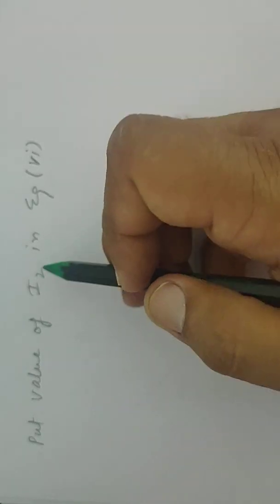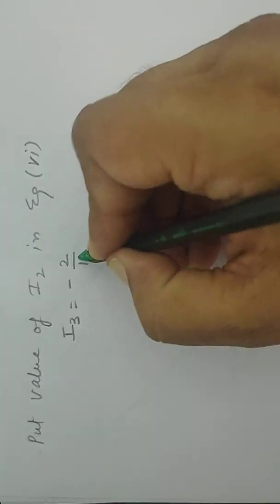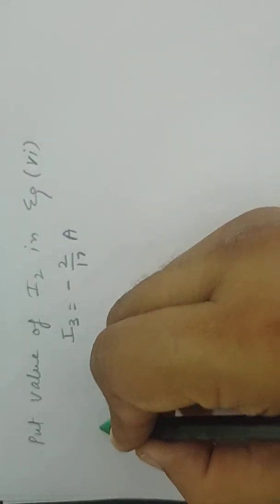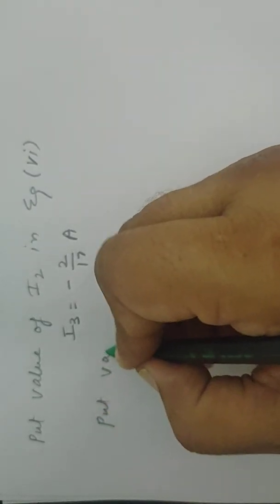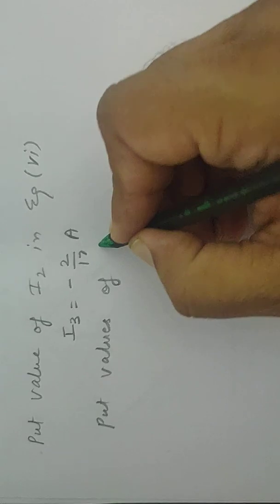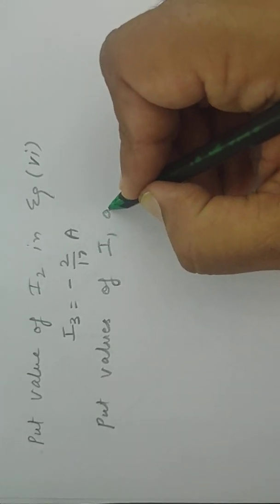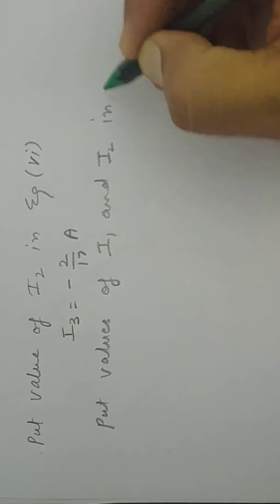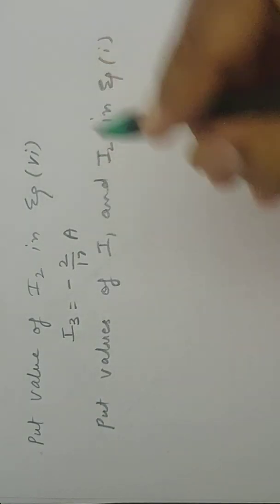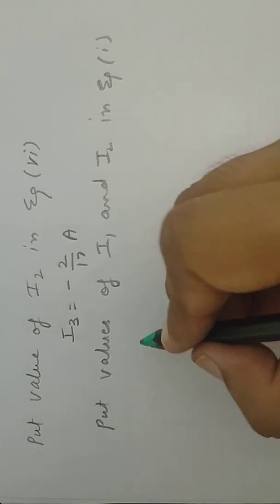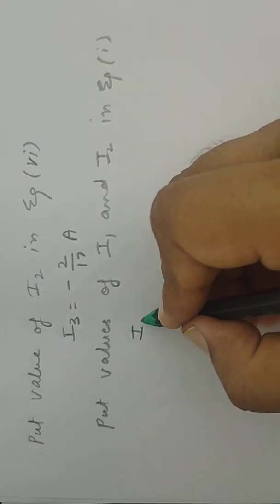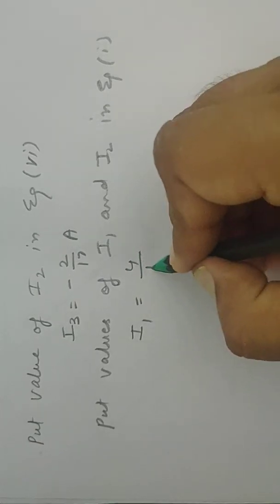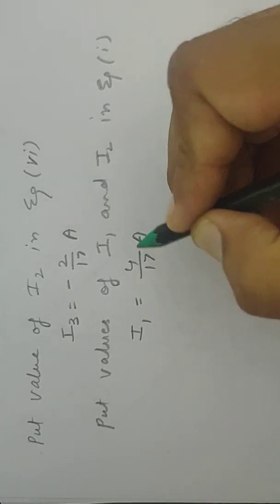Put value of I2 in equation 6, we get I3 equal to minus 2 over 17 ampere. Put values of I2 and I3 in equation 1. We get I1 equal to 4 over 17 ampere.